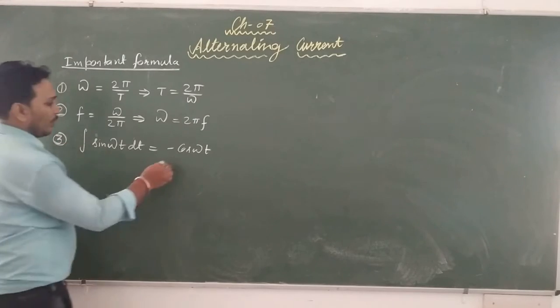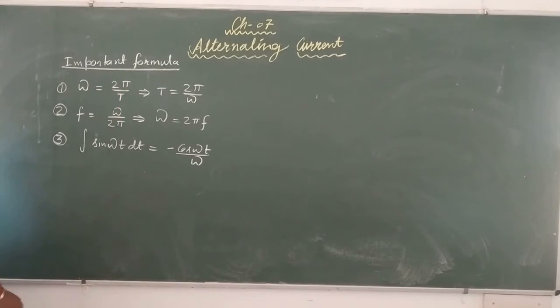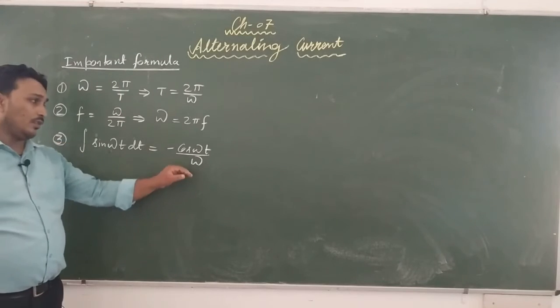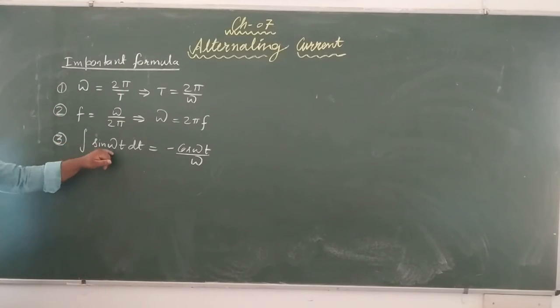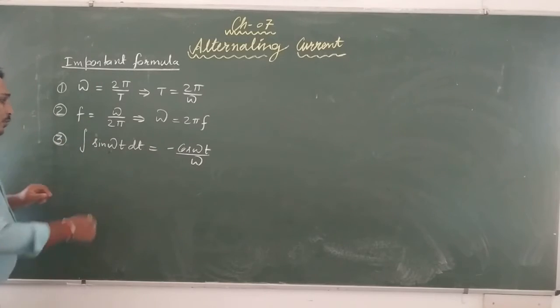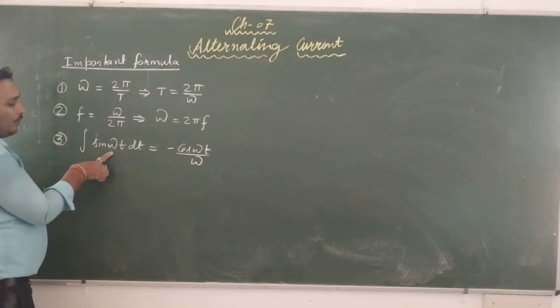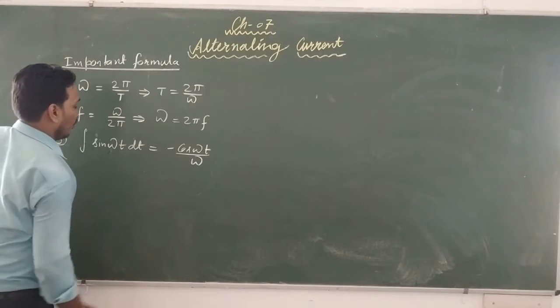But in integration, it comes in the division, right? Just remember like this: in differentiation, omega comes into multiplication. But in integration, whatever is multiplied with t over here, it can be 2 pi, it can be 5 pi, it can be anything, those all things will be in the division only.